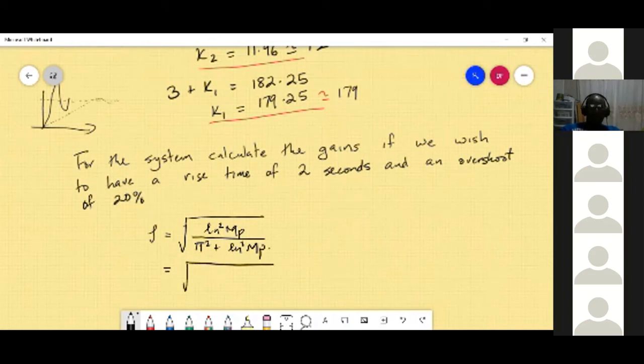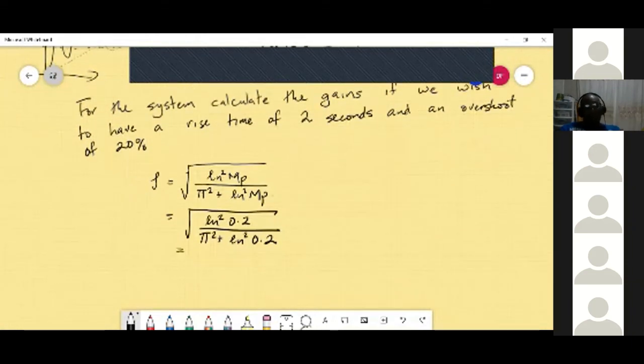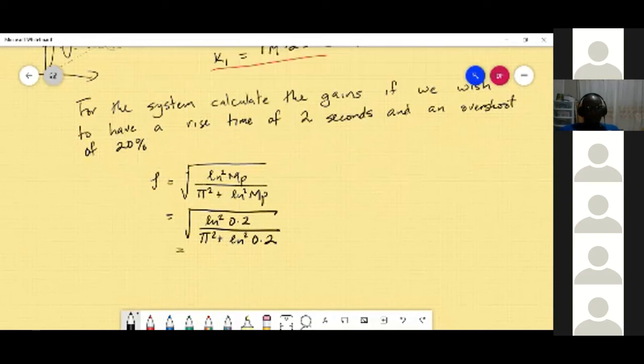So that is going to be equal to the square root of ln squared 0.2 over pi squared plus ln squared 0.2, which is 0.456.